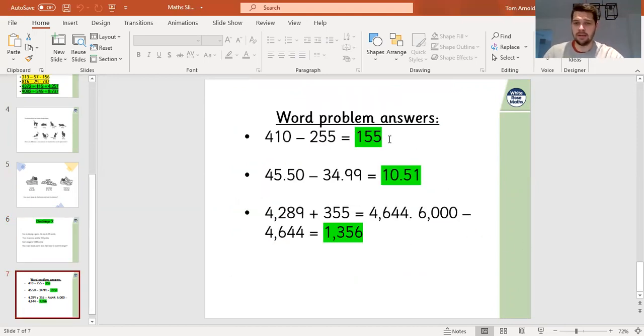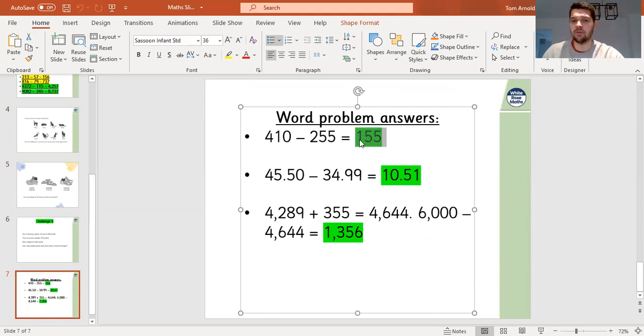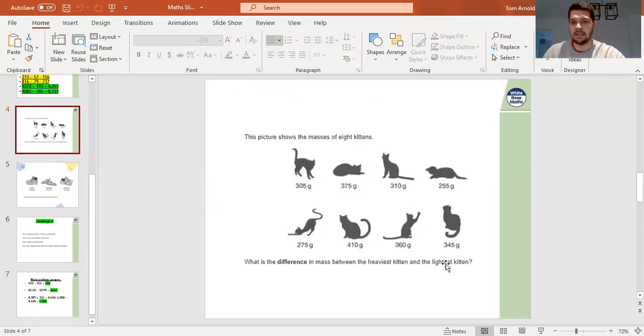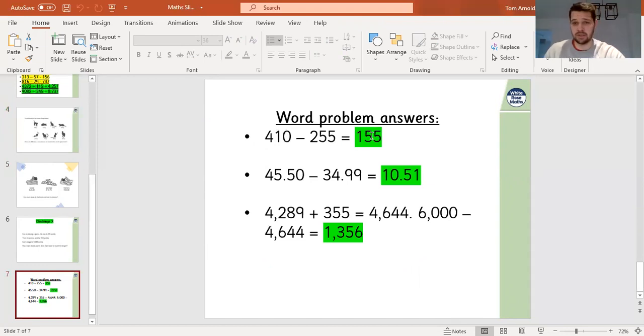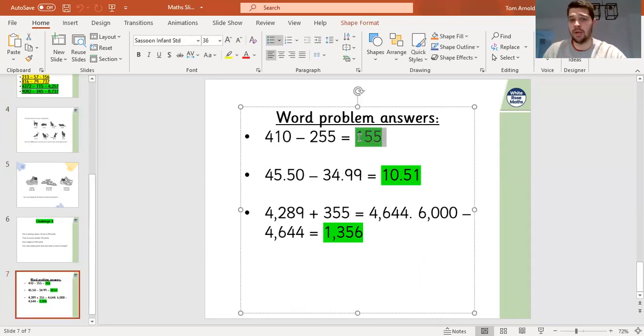So question 1, your answer was 155. The mass of the heaviest kitten was 410 grams, and the mass of the lightest kitten was 255 grams. So if we put that on our column subtraction, we should get 155 grams.